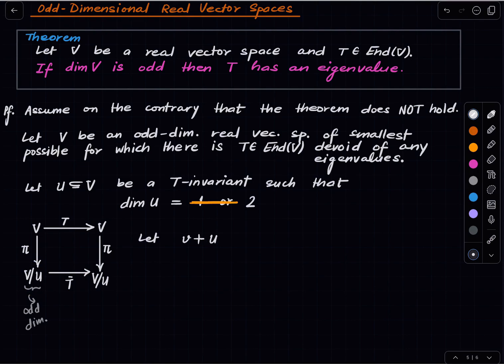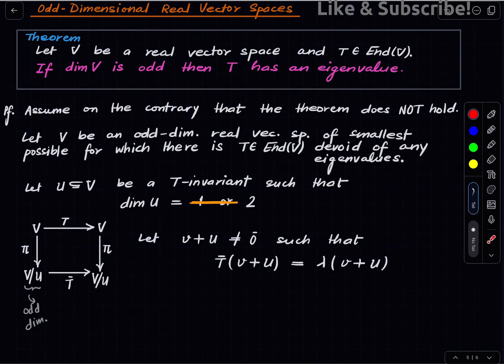So let this be an eigenvector with eigenvalue lambda, corresponding to eigenvalue lambda. So this is non-zero. I write 0 bar to indicate that it is the coset of 0 in V mod U. So this is a non-zero vector in V mod U such that T bar of this thing is lambda times this for some lambda.